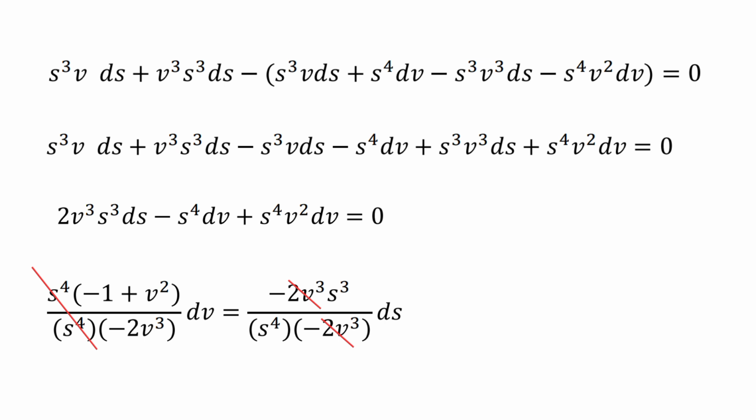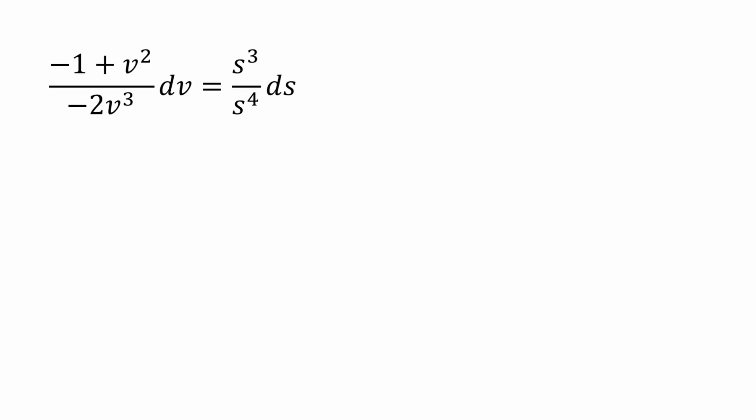Then we have negative 1 plus v squared all over negative 2v cubed dv is equal to s cubed all over s raised to 4 ds.